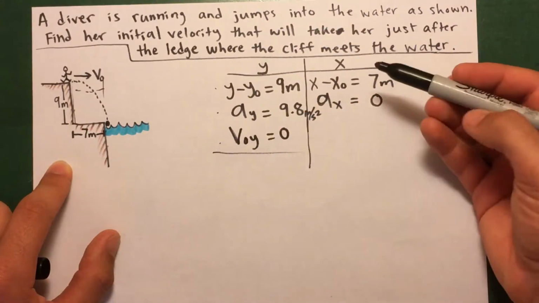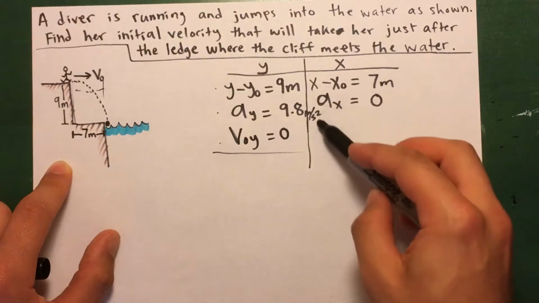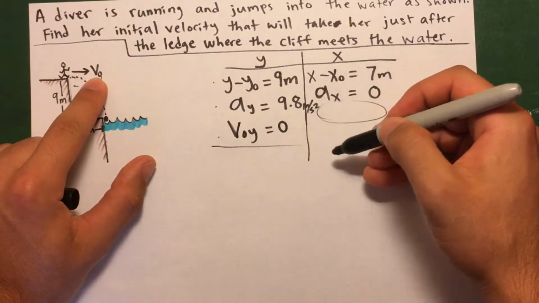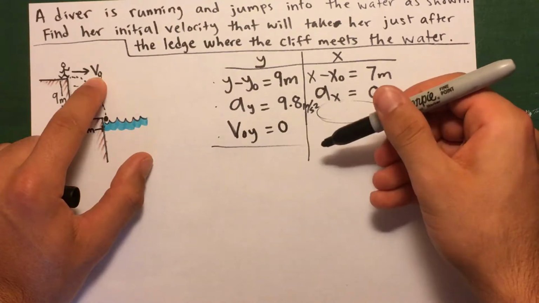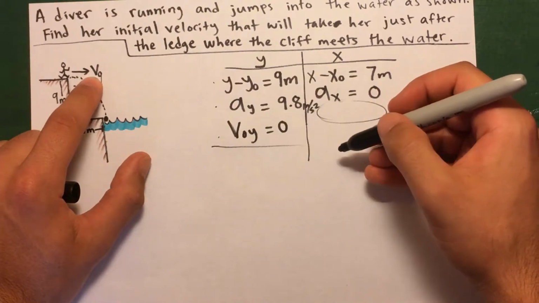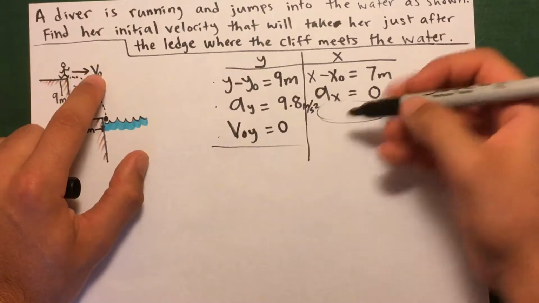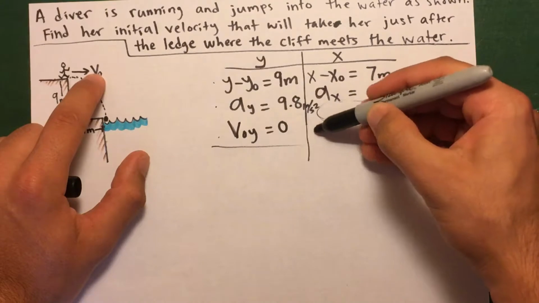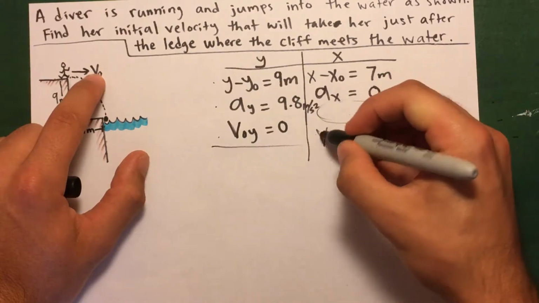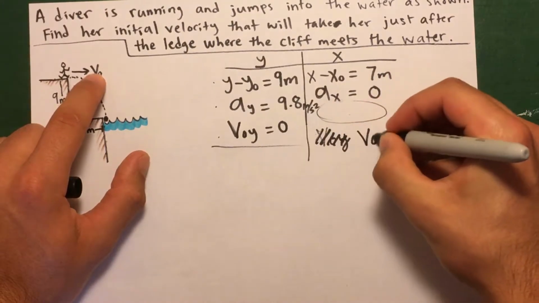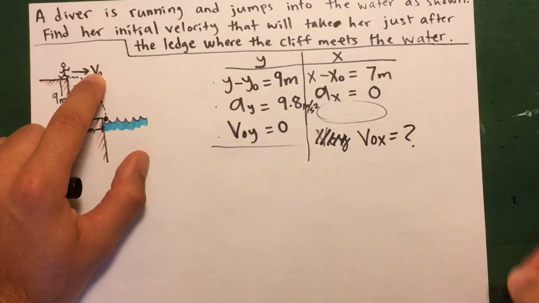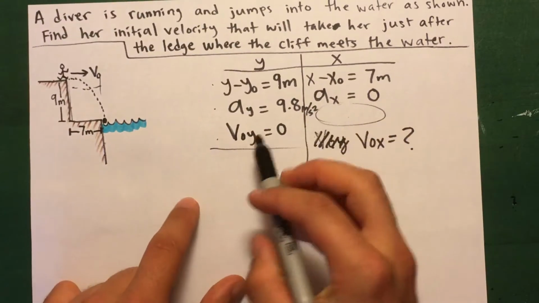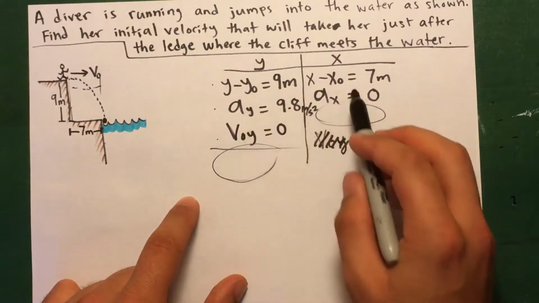Ultimately our goal is to find the unknown for x, the initial velocity in the x direction, v0x. But that's an unknown, so we need 3 knowns to find it. We can find time here, because time is the same for both.